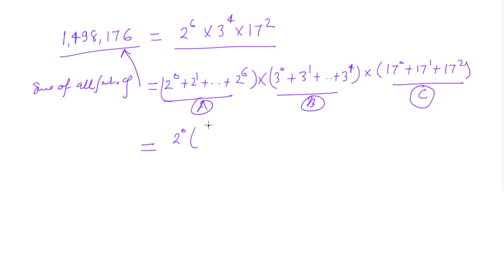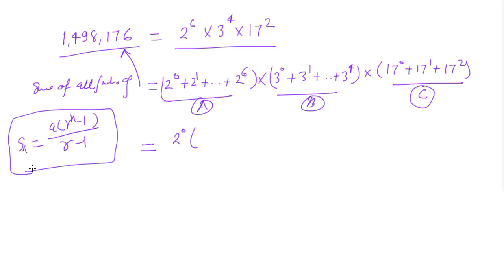As we know, the sum of n terms of a GP equals A times R to the n minus 1 by R minus 1. So for this sequence, A is 2 to the 0th and R is 2, and the total number of terms gives 2 to the 7th minus 1 by 2 minus 1.